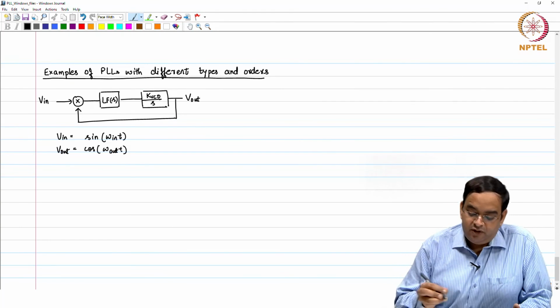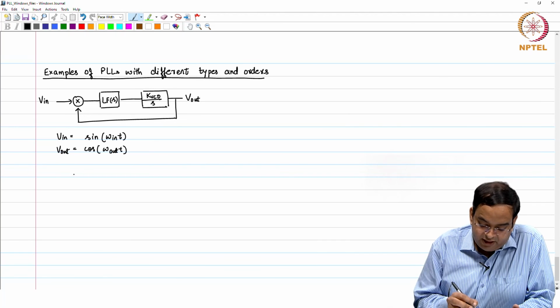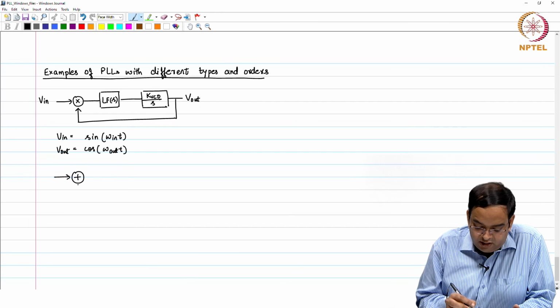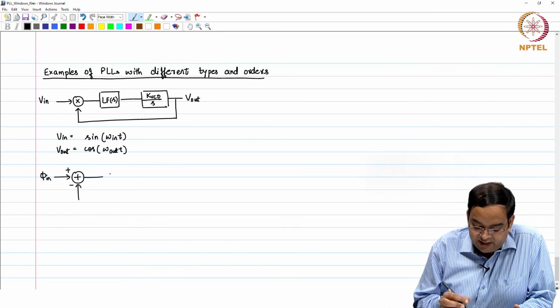Okay. We drew the small signal model of this particular PLL, and the small signal model of the PLL is shown here. You have the phase error detector with input phase and feedback phase, which is phi in feedback phase.